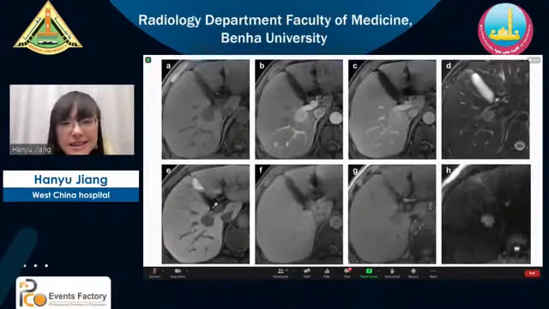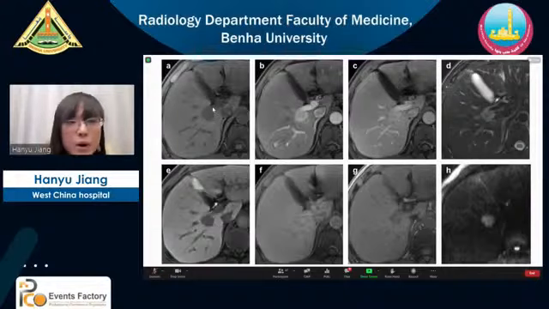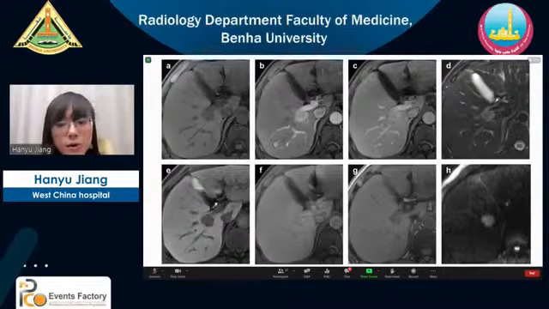Here's another case. This is the case that we have just showed for the washout appearance. So on the pre-contrast T1 weighted images of this patient, a 2.5 centimeter hepatic nodule is found in segments 6 and 7 of a patient with chronic hepatitis B viral infection.